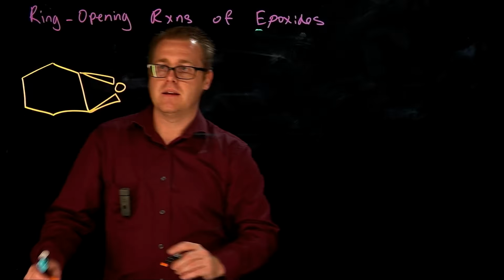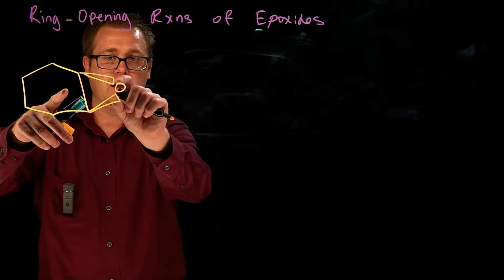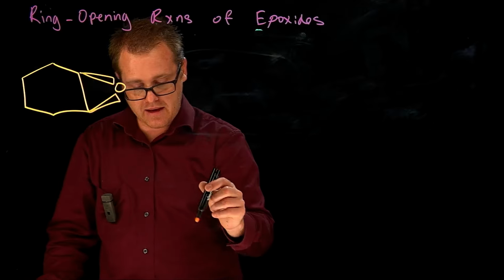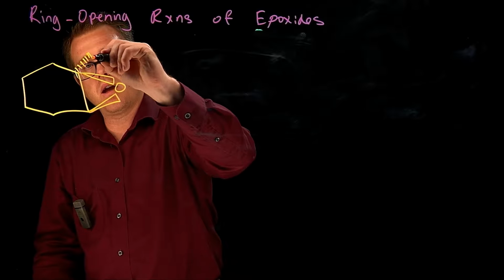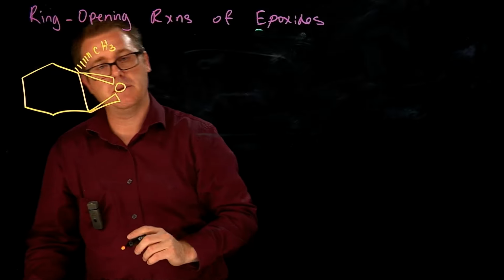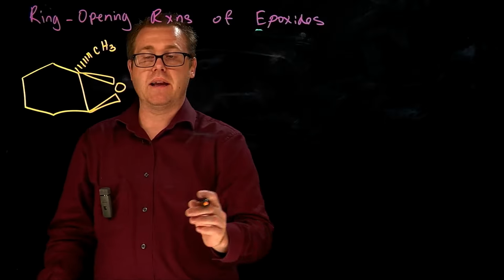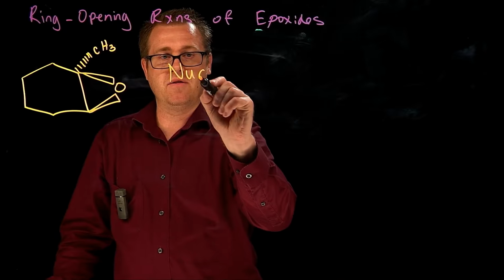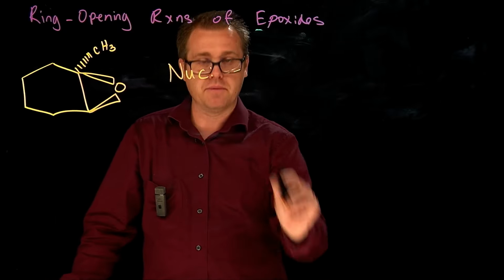Do you see how they're both wedges? They're coming out of the board. And let's put a methyl group right there. So when we treat this with a strong nucleophile, we could represent that strong nucleophile like this if we'd like.